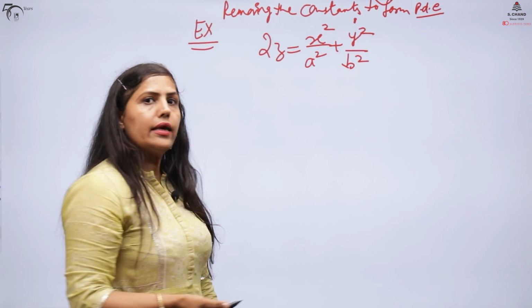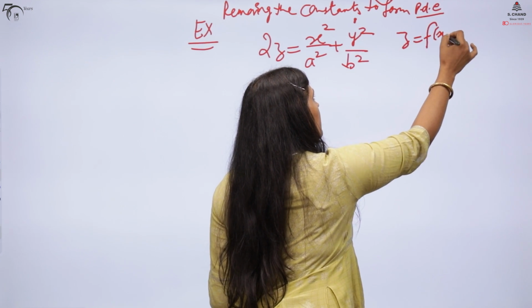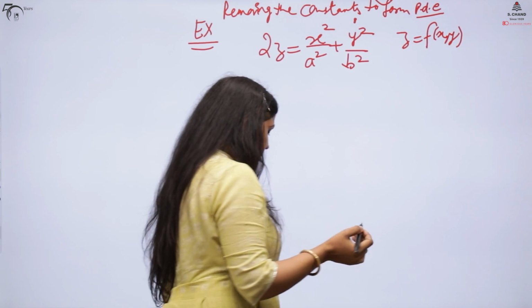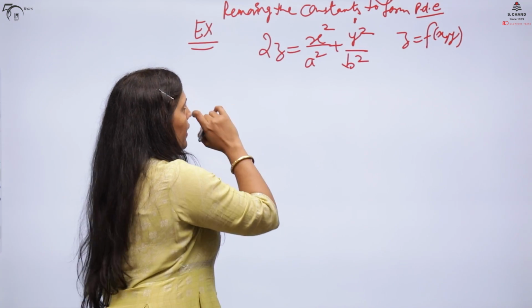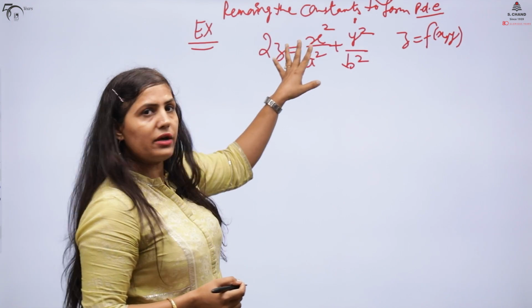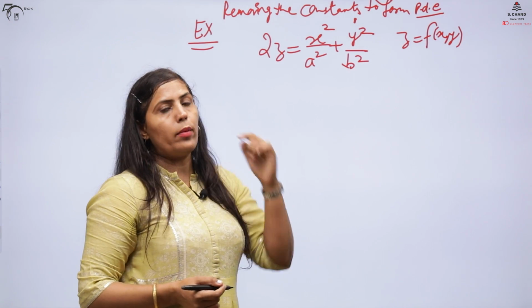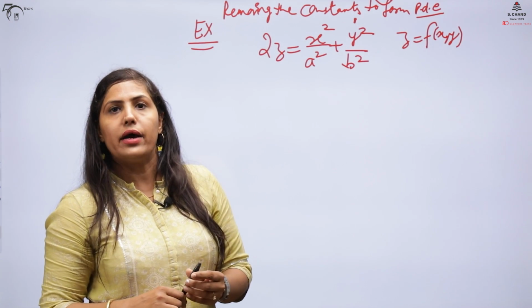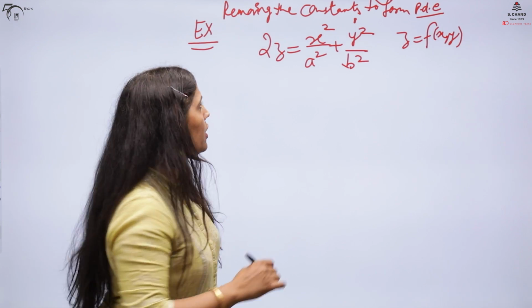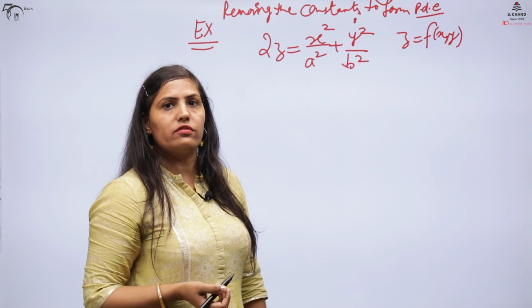It is very clear, in the beginning I have told you z is f(x,y). Now, what are the constants you have to remove? This is not a partial differential equation. To form a partial differential equation we should have partial derivatives in the equation, and to have partial derivatives you have to differentiate with respect to x and y.